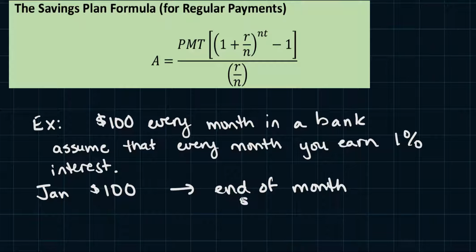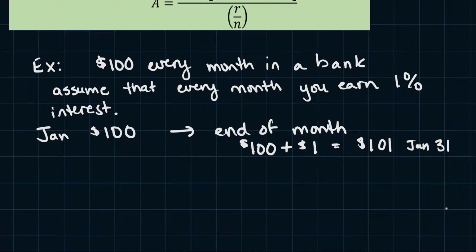This number is really nice because 1% is just this 100, move the decimal place over twice. You can check it in your calculator, but you're going to earn $1. So you're going to have $101 on January 31st.